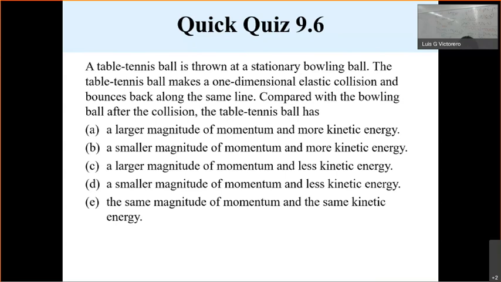You know why? Because if you put it in the equation, the momentum after the collision is negative. So when you do the equation, you will have that the momentums before and after of the tennis ball add up to the momentum of the bowling ball.